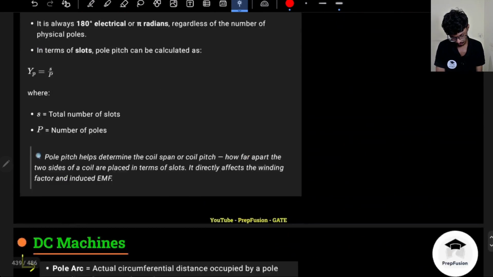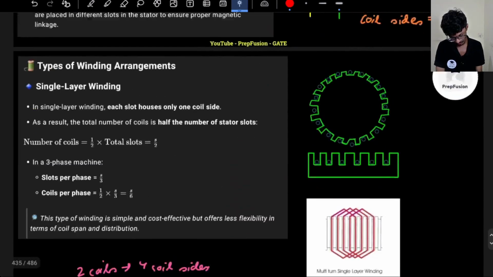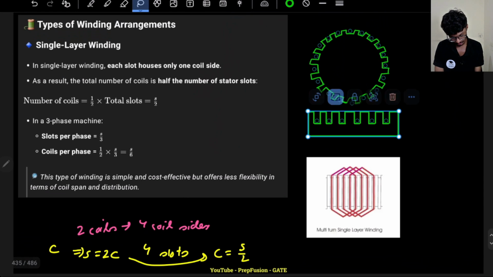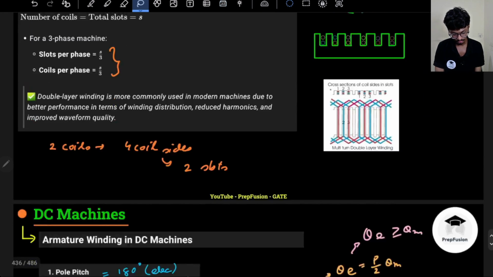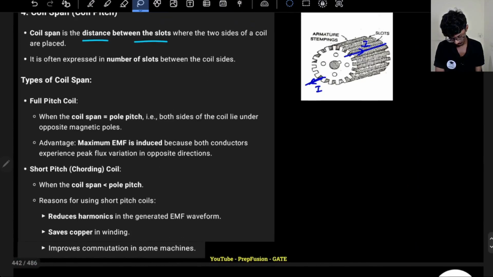So if I show you, where are the slots? These are my slots, right? If you remember, these were my slots. Let's say it's a single layer winding, so a single coil side will be placed in each slot, correct?